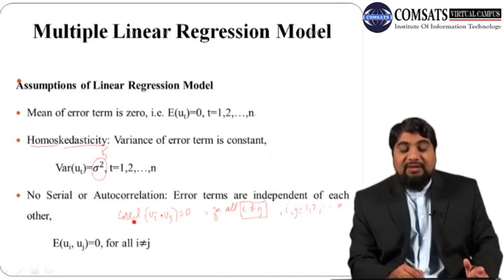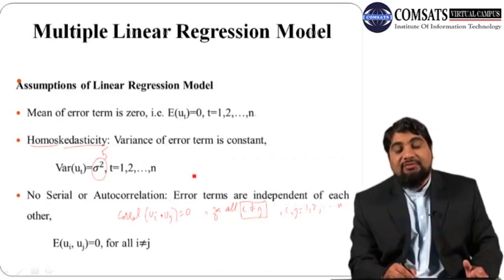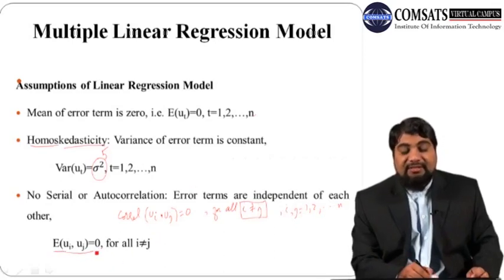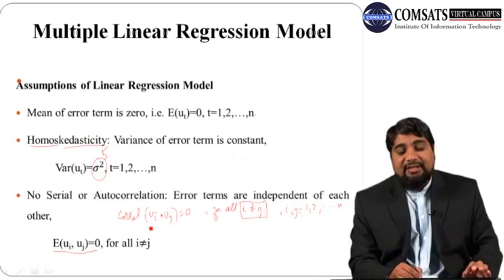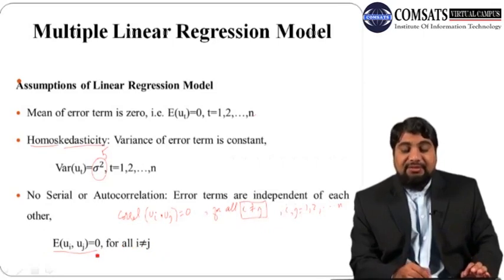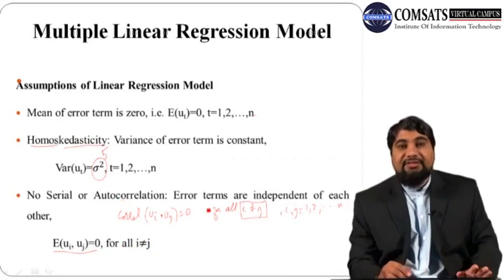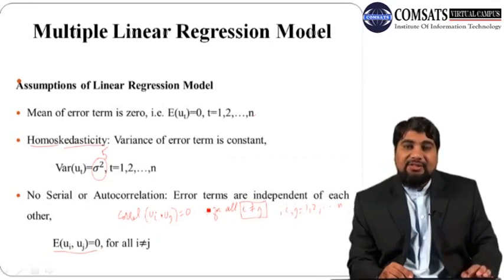So if we simplify this correlation formula using the assumptions that expected value of ui is 0 as well as uj is 0, we can simplify it to get this result, which is expected value of ui uj equals 0 for all i not equal to j. So this means that error terms are independent or their correlation is 0. So this is called no autocorrelation or no serial correlation.